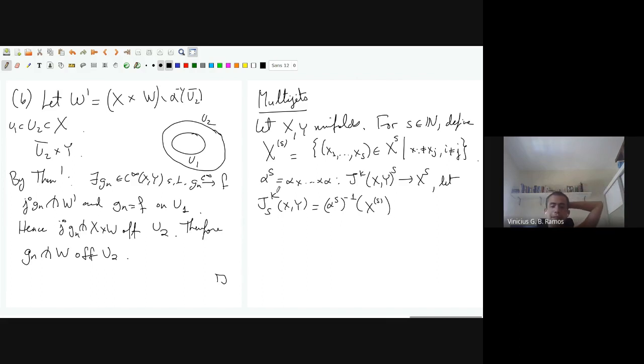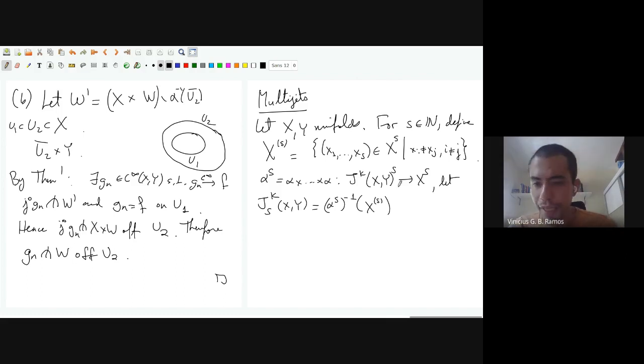This is basically the set of jets with s base points, but I want them all to be different. So you pick s different points on X, and you pick all the derivatives of a function up to k. That's what this multi-jet really is.